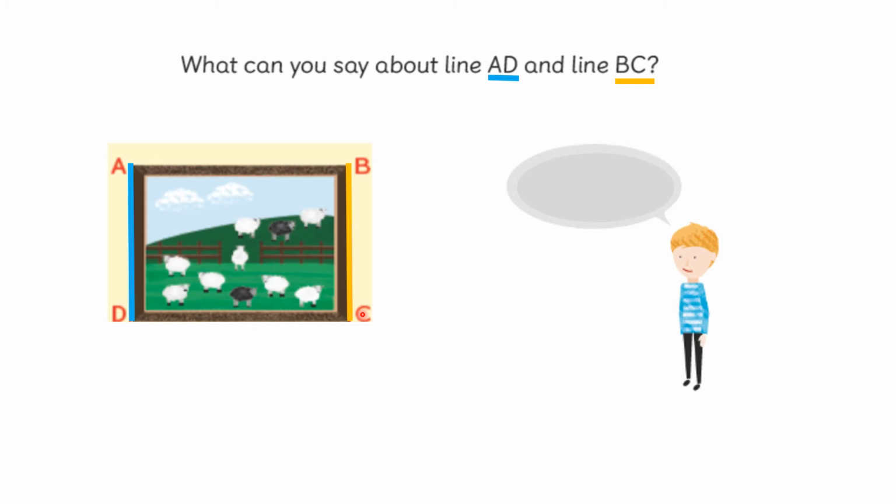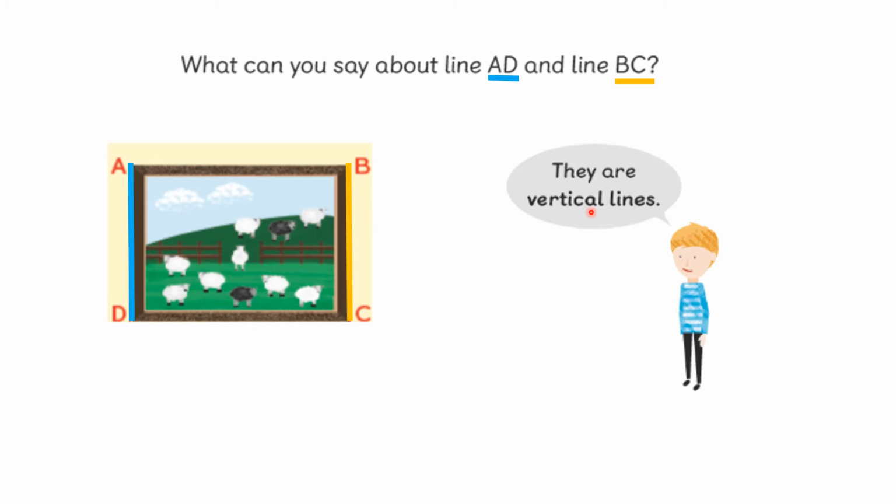You would be correct that these lines are parallel, but my friend has spotted something else. He thinks that they are vertical lines. Can you say this word with me? Vertical. Do you know what a vertical line is?